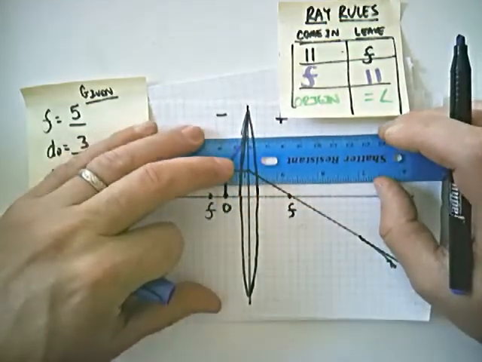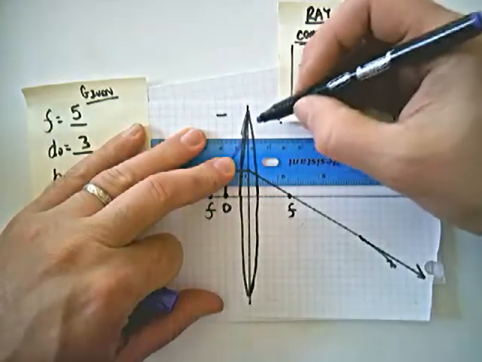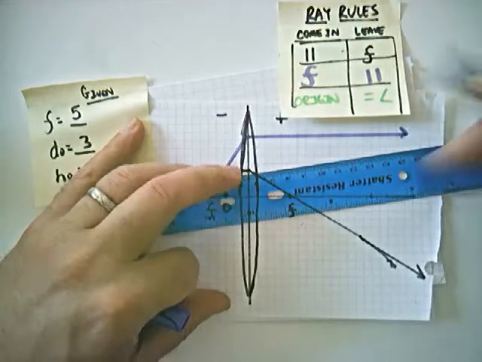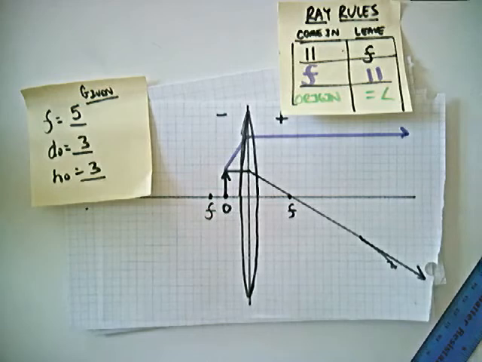Then I'm going to turn and leave parallel. Parallel to what? Parallel to the x. Notice these rays are not going to intersect on the positive side. This is a hint. Virtual. You will have to do some dotted lines or ray trace backs to figure out where it would intersect.